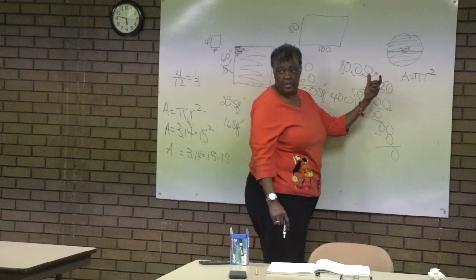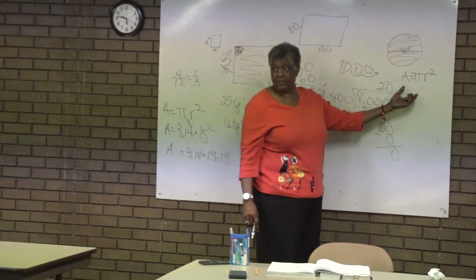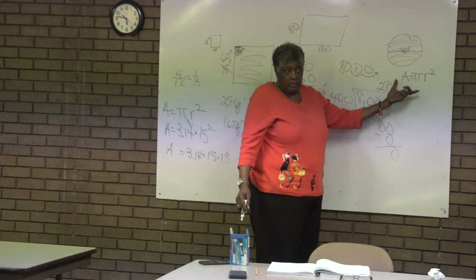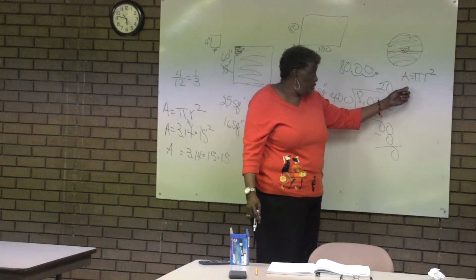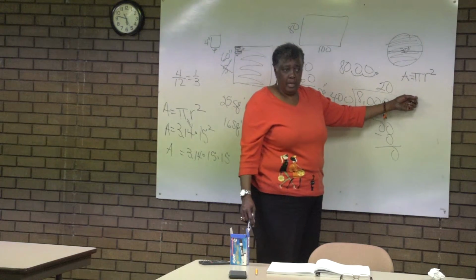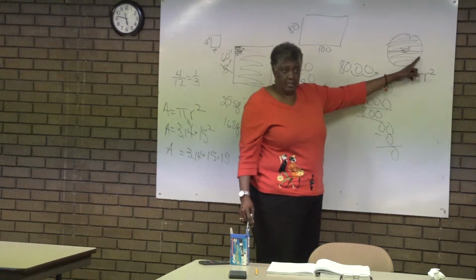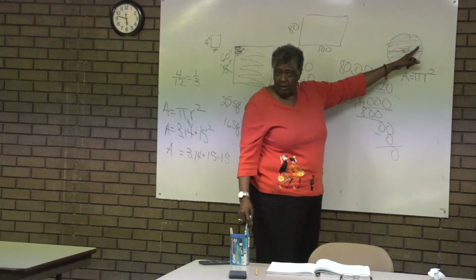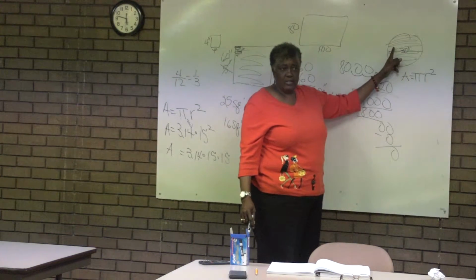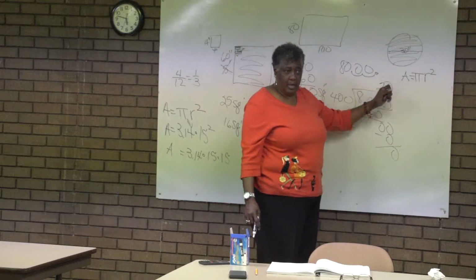That's nothing we have to think of. That's what they tell us we have to do. So we just have to do it. If you take 3.14 and multiply it times the radius of that circle times itself, you'll find the area of that circle. Okay?